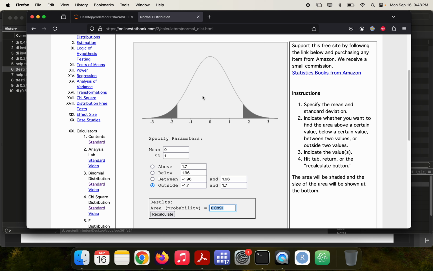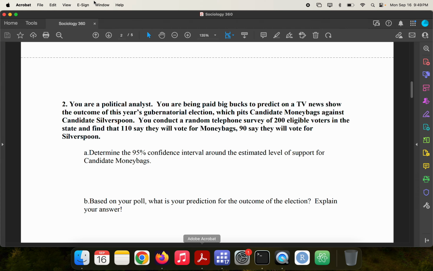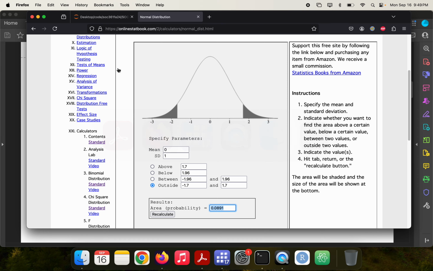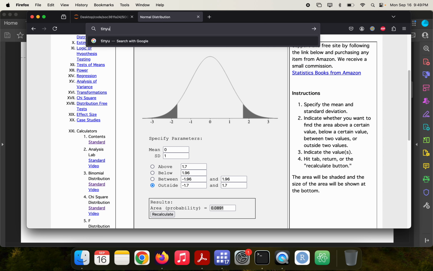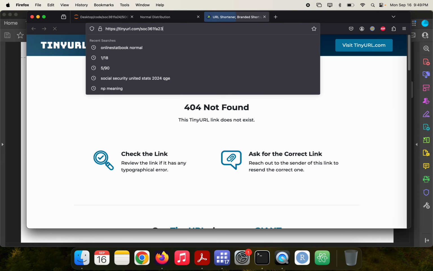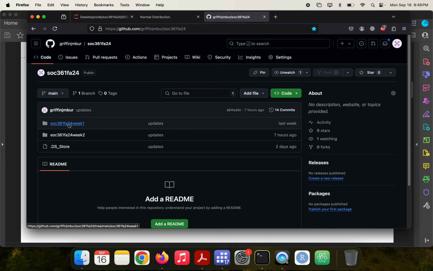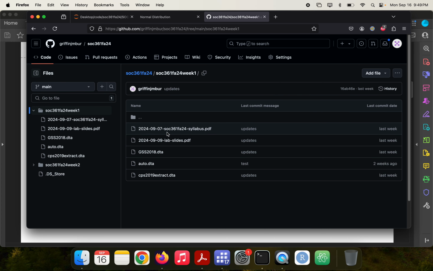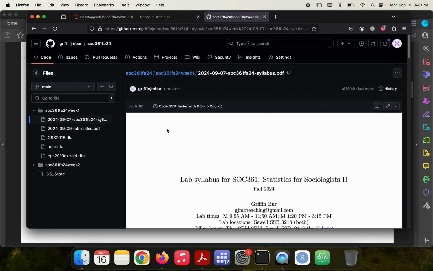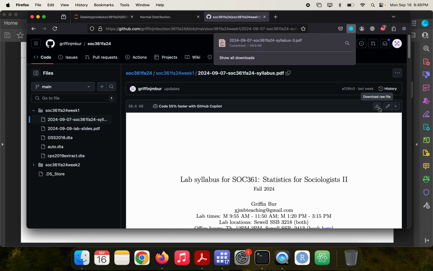You can see my notes, again, if you go to the syllabus. Oh, I didn't pull it up. Basically, if you go to week 1 syllabus, you may find this useful. You should also just download the syllabus, but again, this is where you find it.